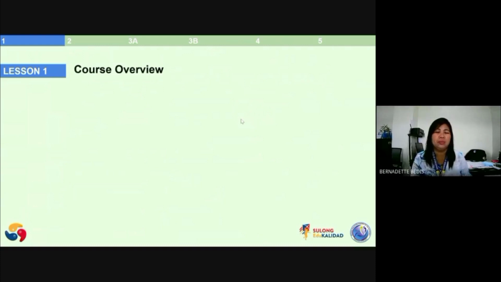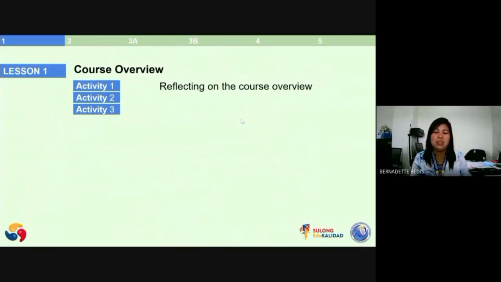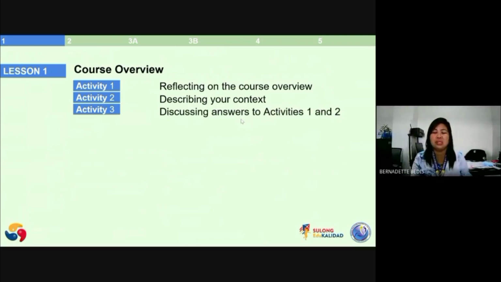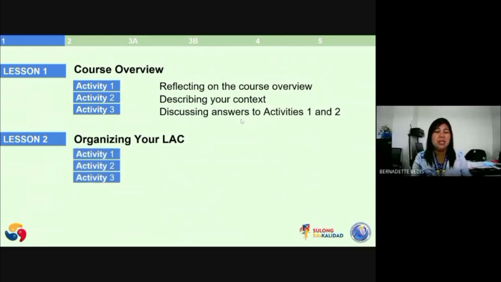Lesson 1, the course overview. This is composed of 3 activities. Activity 1 is reflecting on the course overview. Activity 2, describing your context. Activity 3, discussing answers to activities 1 and 2. Lesson 2, organizing your LAC. It is composed of 3 activities.